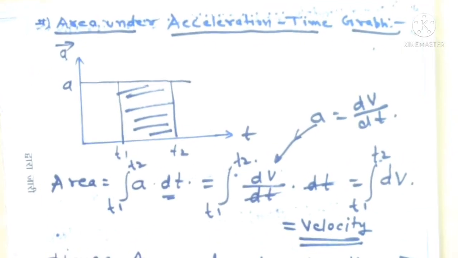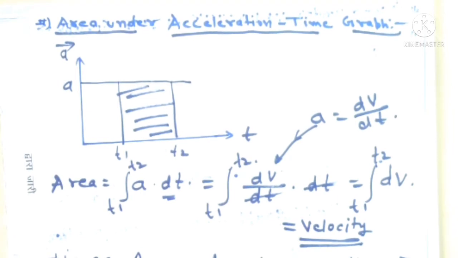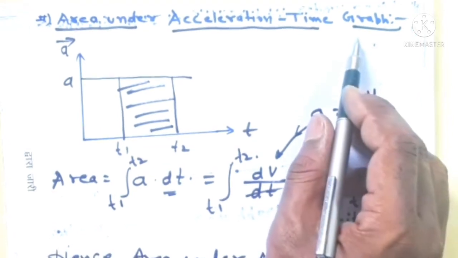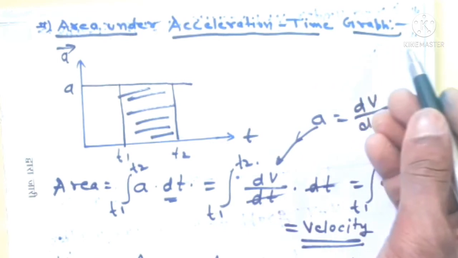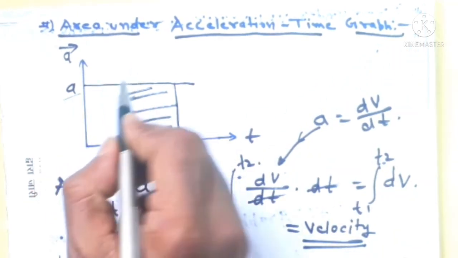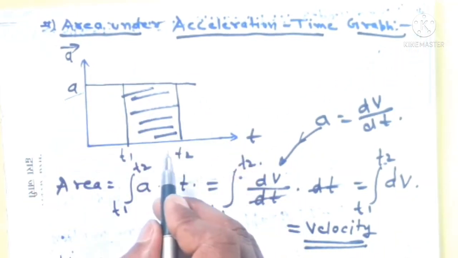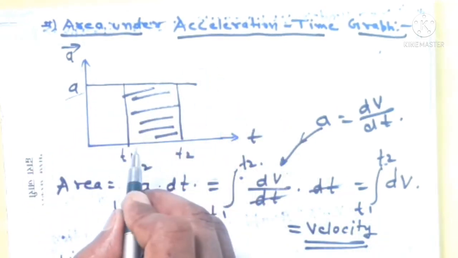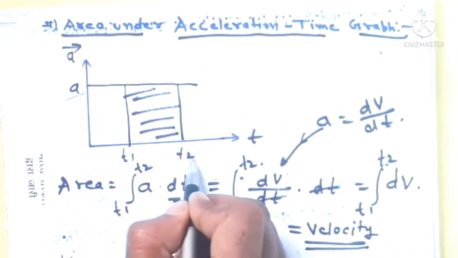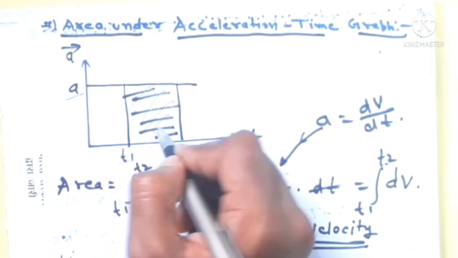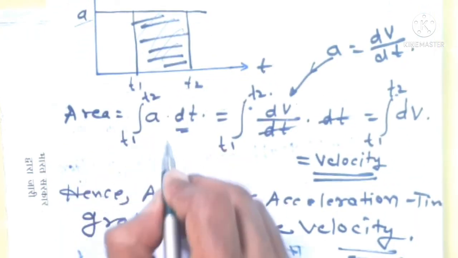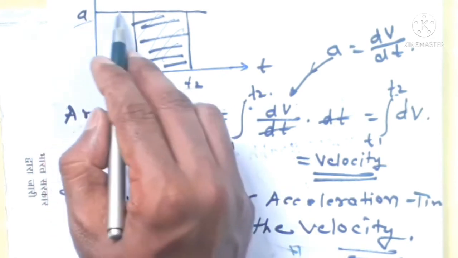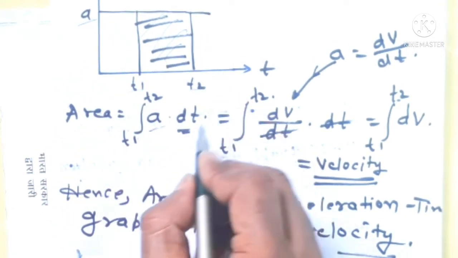Repeat again. Area under the acceleration time graph. Suppose acceleration is constant. Then we find the area between t1 and t2. So area is acceleration times dt.